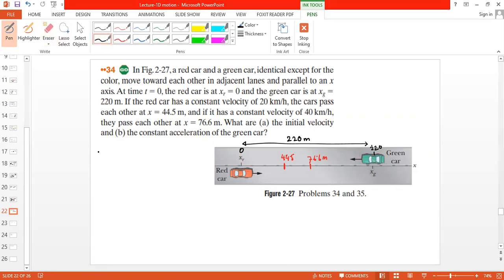Is it clear? Is this math clear to you? We have to find the velocity and acceleration of the green car.